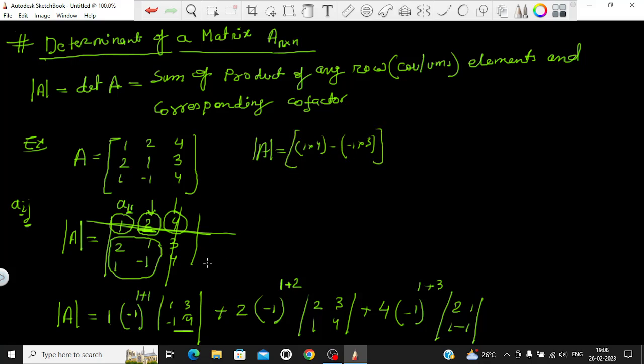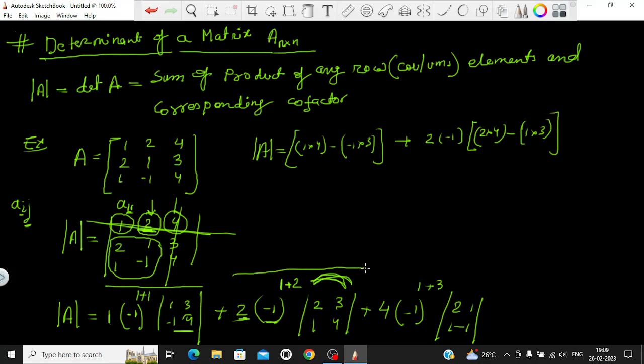This is calculated up to here. Now here you write 2 and minus 1 cubed, which means minus 1, and expand this determinant: 2 into 4 minus 1 into 3. I have calculated up to this.